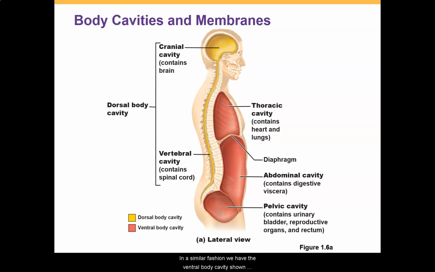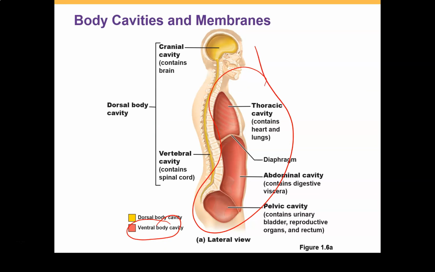In a similar fashion, we have the ventral body cavity shown here in this sort of maroon color, meaning the hollow spaces in the anterior or front or ventral side of the body.